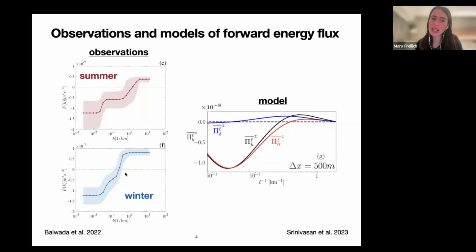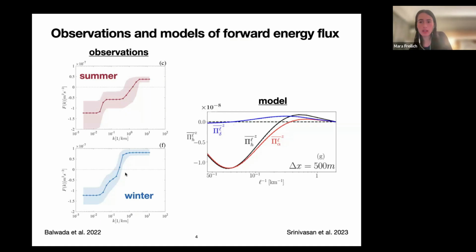Yeah, so that's what we think, and this is a wonderful paper by Dhruv. But one of the limitations is that it's just drifters, so he didn't have in situ observations. One of the things I was able to show, by having these collocated observations and direct velocity observations, is what might be the mechanisms causing forward kinetic energy flux, and from that we're suggesting, yes, likely dynamics that lead to frontogenesis.